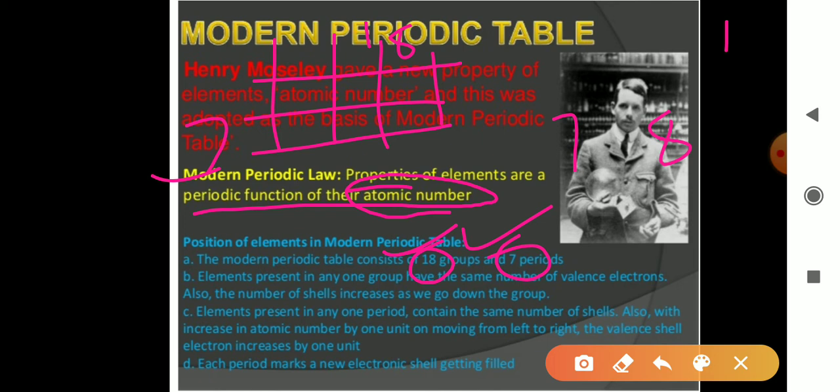Suppose there is group number 1, then the number of valence electrons for all elements in the same group is the same. If we consider the last group, number 18, then also all elements have the same number of valence electrons, and the number of shells goes on increasing as we go down the group.